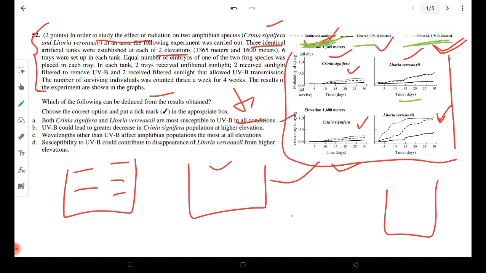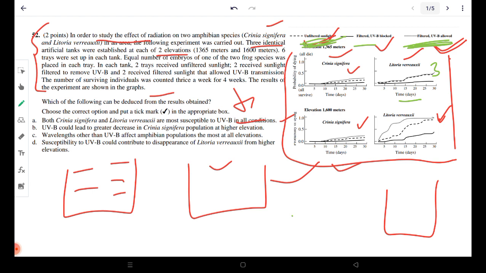It means the unfiltered sunlight also includes wavelengths other than the UV rays of B subtype. Unfiltered sunlight doesn't only include the UVB, it includes almost different wavelengths of light. But filtered UVB allowed contains especially the UVB. So they both have the same effect.